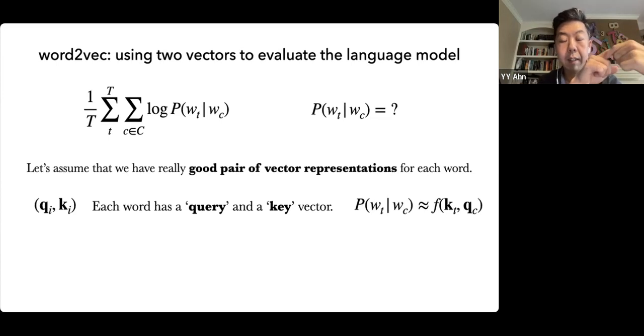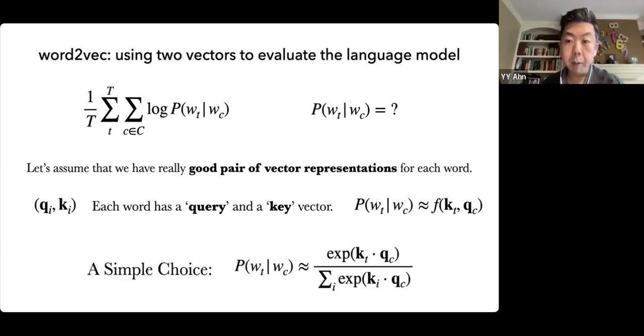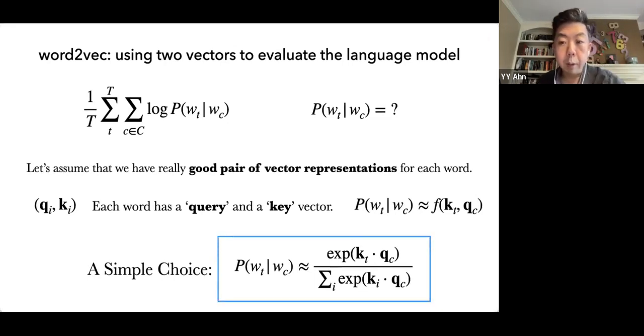And that tells us that the target word is very likely to appear in my context. The simplest choice is probably just using the softmax function to approximate that probability. And then given this objective, you can train a neural network to learn those query vectors and key vectors. Yeah, so that's the word2vec model.